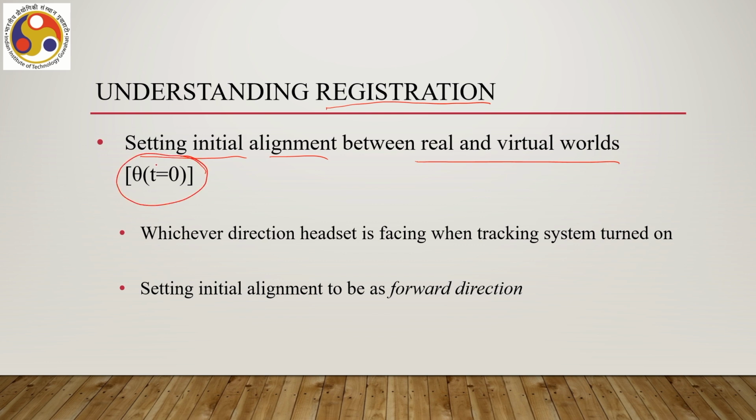Symbolically it is referred to as the alignment represented by the symbol theta at the instance t equal to 0. We can think of it as whichever direction the headset is facing when the tracking system is turned on, that will be the initial orientation, and setting initial alignment to be as forward direction. These are some of the simplifying assumptions that we can make to understand the process.